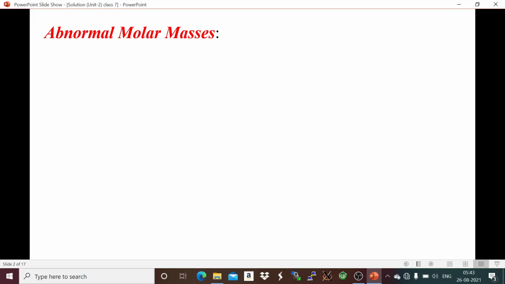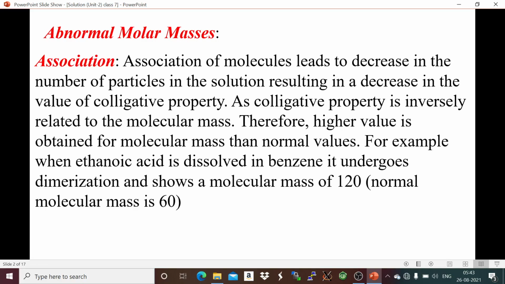First, let us discuss association. Association of molecules leads to a decrease in the number of particles. Suppose a solute is dissolved and it undergoes dimerization.